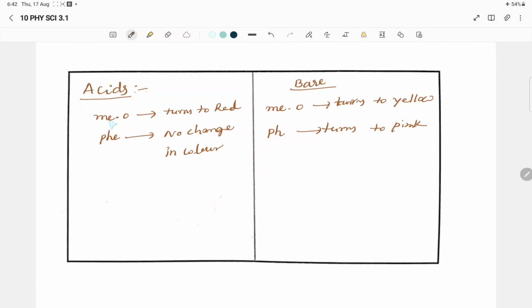Acids, when two drops of methyl orange are added, the acid solution turns red. Phenolphthalein, no change in color. Base with methyl orange indicator, the basic solution turns yellow in color. Phenolphthalein indicator, base turns pink in color.